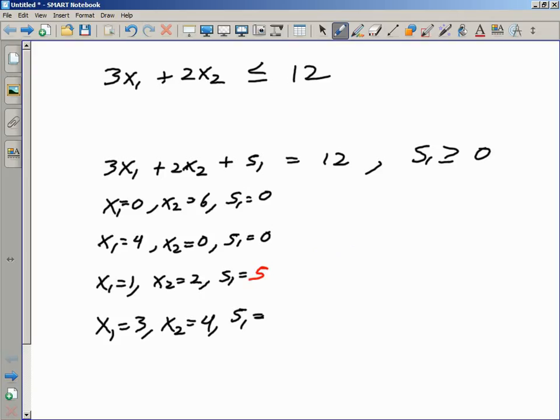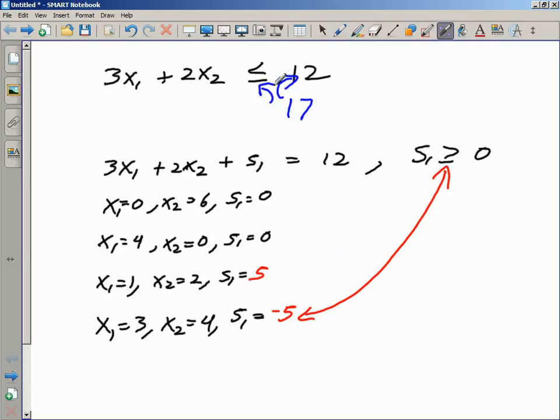All right, now the problem is that this guy all of a sudden violated this constraint. Okay? So, big deal. Well, let's go in and see, x1 is equal to 3 is 9, x2 is equal to 4, 8. 9 plus 8 is 17. But 17 has also violated this constraint right here, less than or equal to 12.